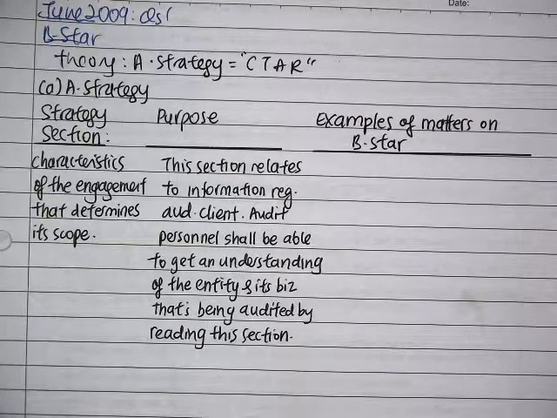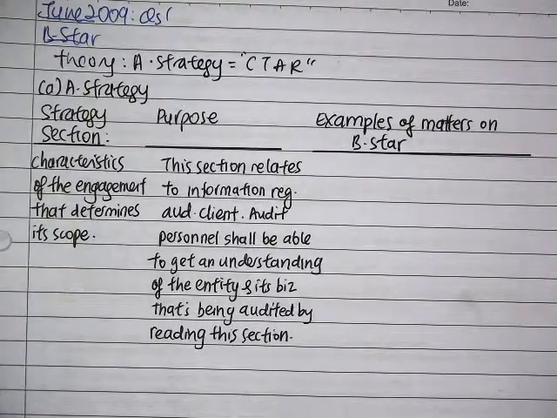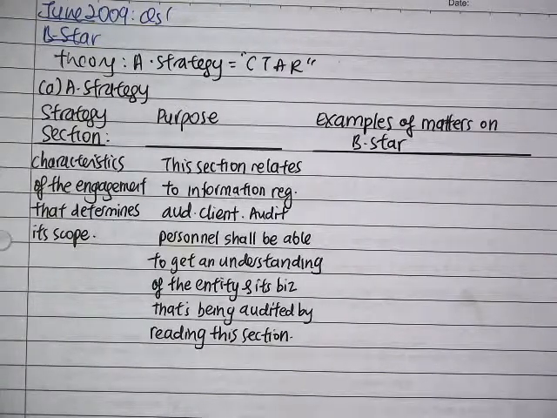Now, what are examples of things that you put here? What are the matters that you put here? There are so many, right? Currency, group structure, correct? What kind of business do they do? Do they have internal audit? All these are things about the client.